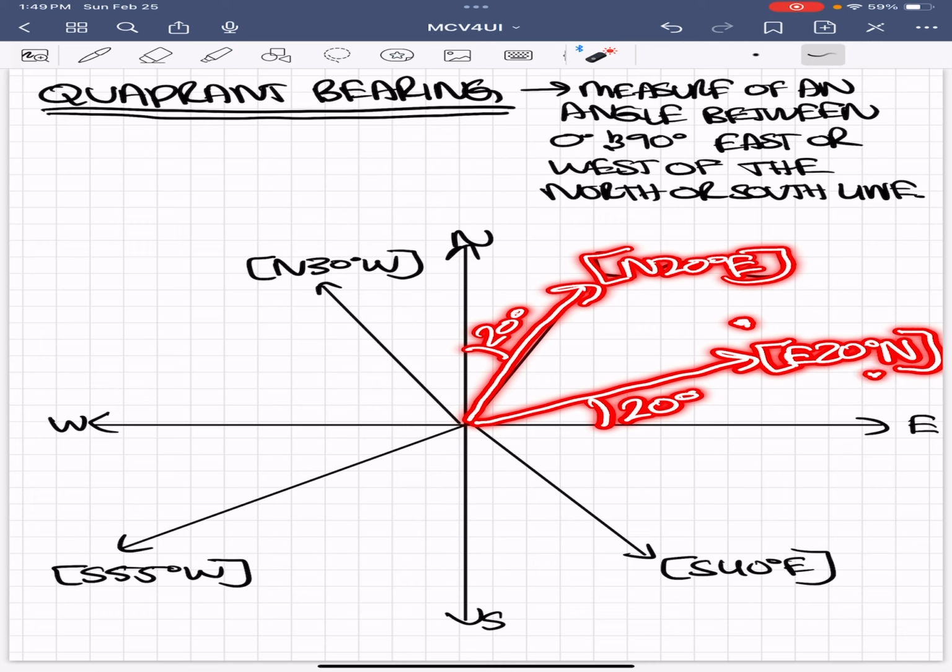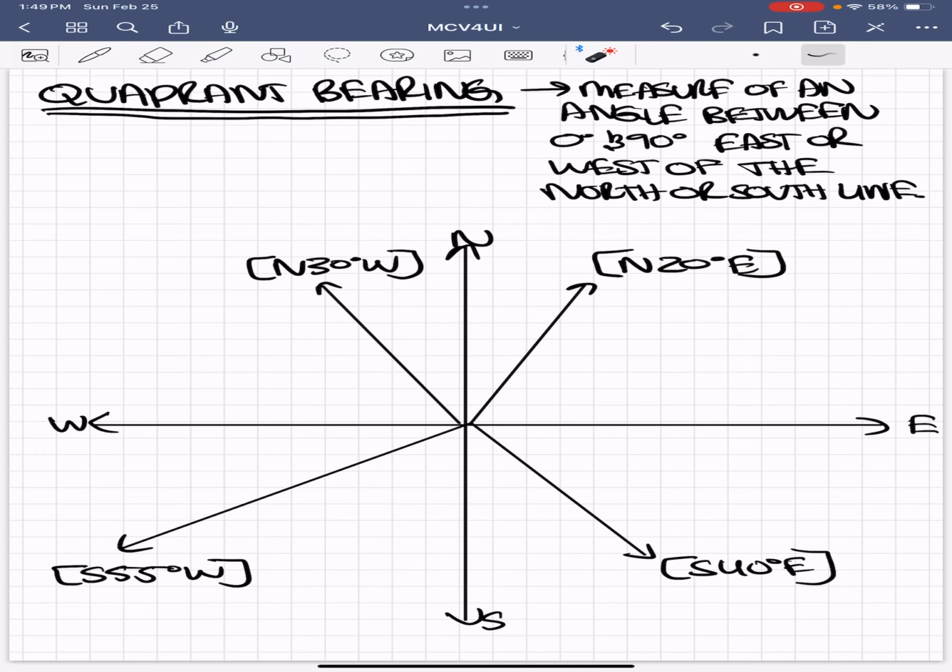Normally, we do north and south first, but if there was 20 degrees going this way, then it would be east 20 degrees north. But we have north 20 degrees east, so here's 20 degrees.